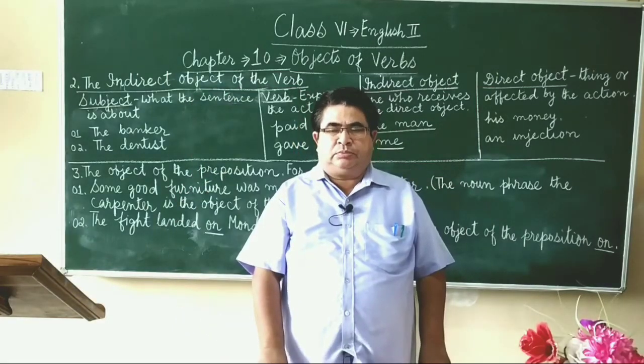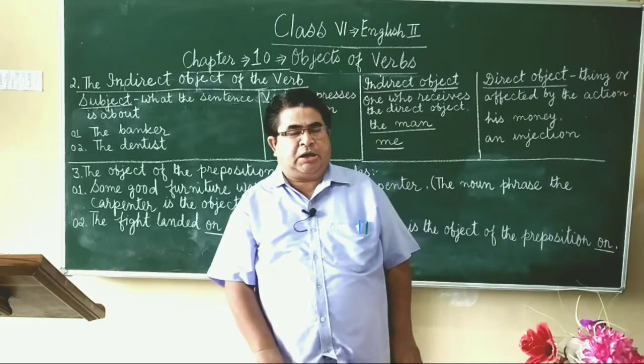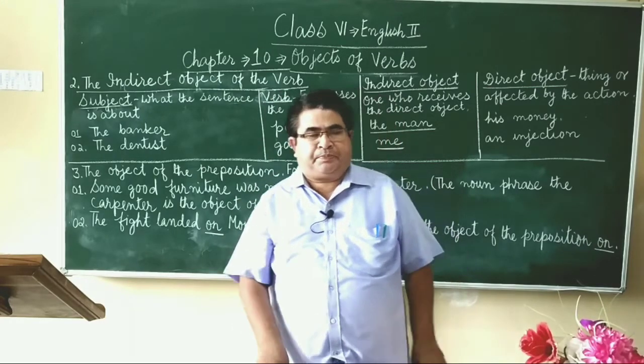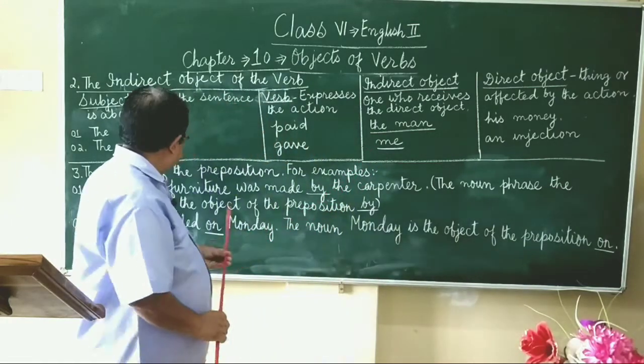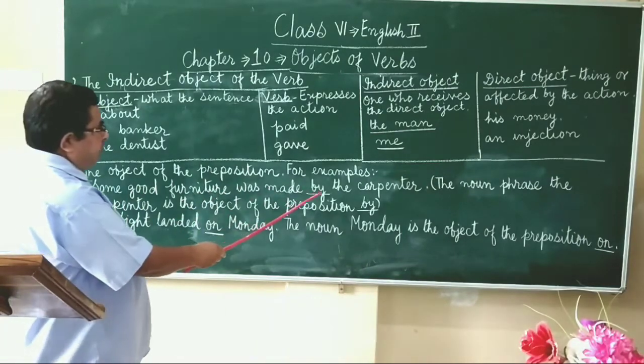The noun phrase or pronoun that follows the preposition is called the object of preposition. For example, children, you see the blackboard. Some good furniture was made by the carpenter.